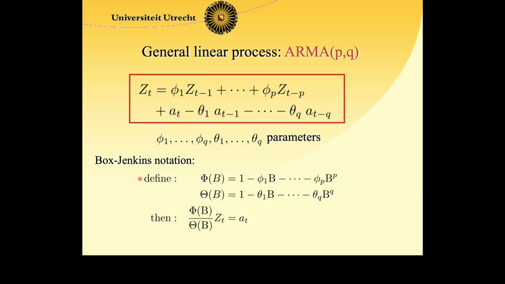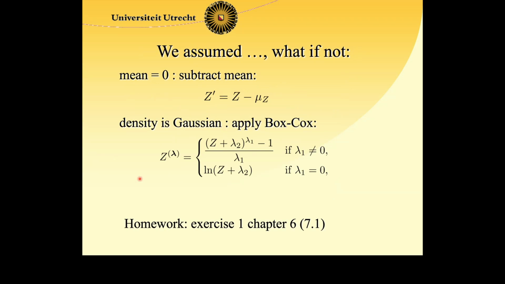But what if these residuals are non-Gaussian? Then you're in trouble, because we assume them to be standard Gaussian. So if they are non-Gaussian, what is typically done is a so-called Box-Cox transform. This is the transformation that is often used in time series modeling, where they optimize lambda 1 and lambda 2 such that Z is as Gaussian as possible.